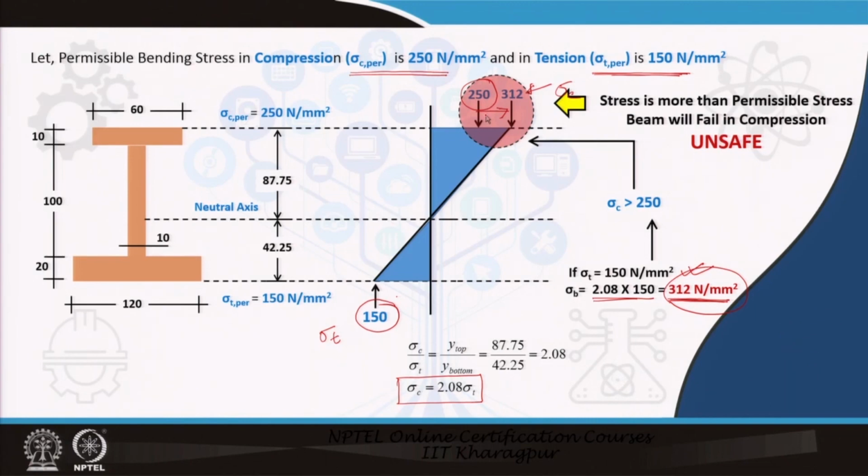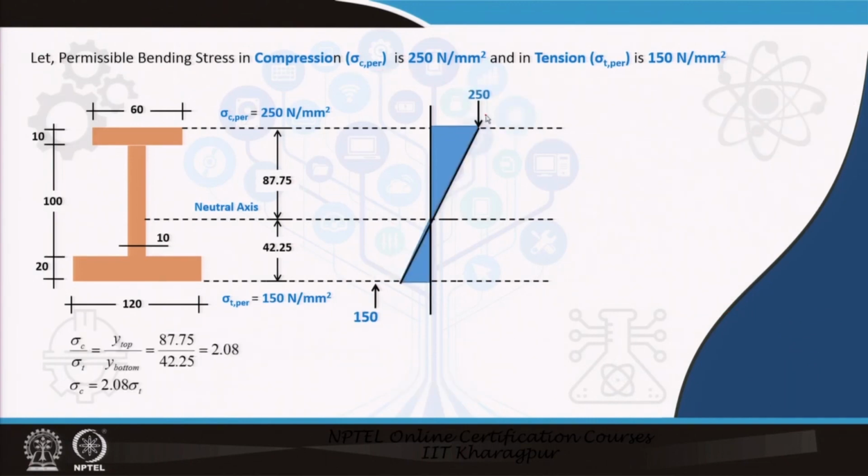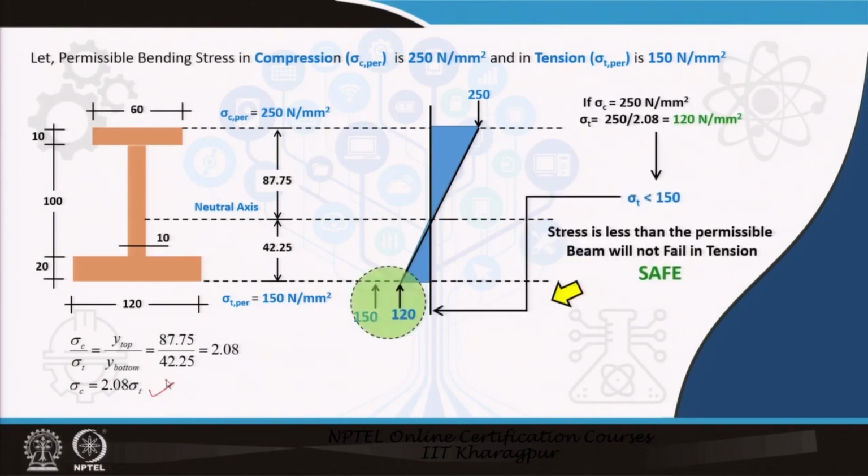So, let us go to the other case. What is the other case? This is the relation I know, and I have put it down again. Now I assume that sigma c is 250. Why 250? Because 250 is the permissible compression for the compression zone.